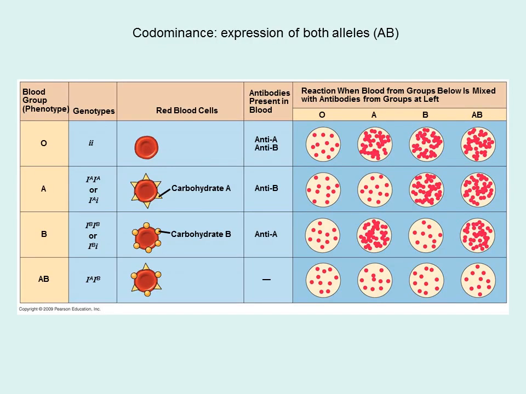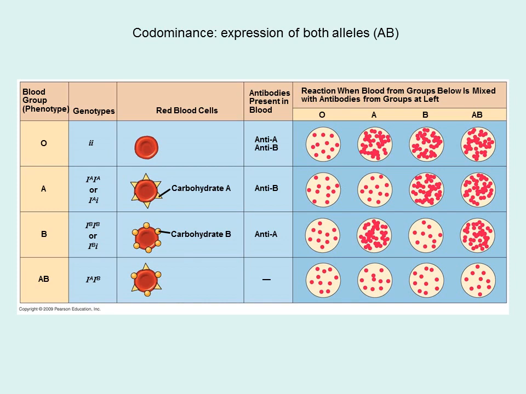To relate this to the antibodies that are present and what type of blood you can get, this is a larger chart which is just showing that. An individual who is type O blood has anti-A and anti-B antibodies. They can only receive type O. Versus an individual, if you look at the bottom, who's type AB blood, they do not have the antibodies present, so they can receive all 4 types of blood.